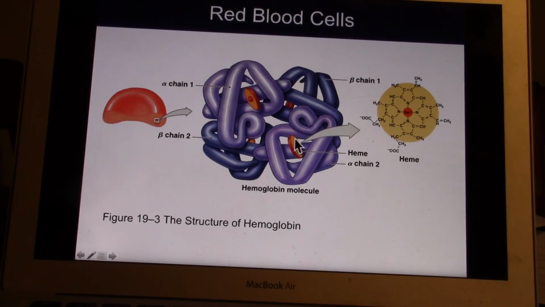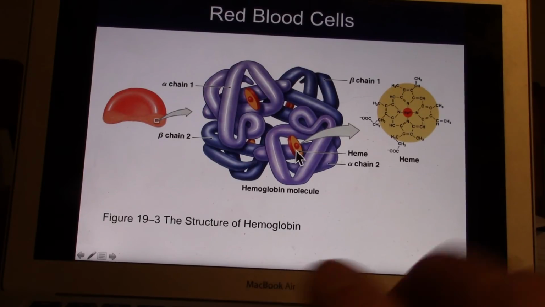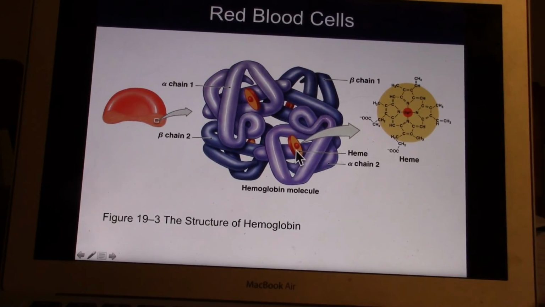This is the molecule of heme that's included in there. The heme includes an iron. This is what a heme molecule actually looks like. It's pretty complicated, and you don't have to know it, but just know that it has 1 iron in it. So there's a total of 4 molecules of iron in a single molecule of hemoglobin as well.